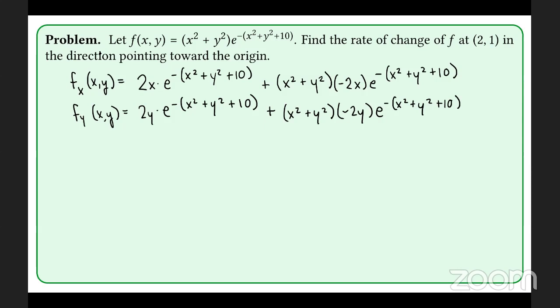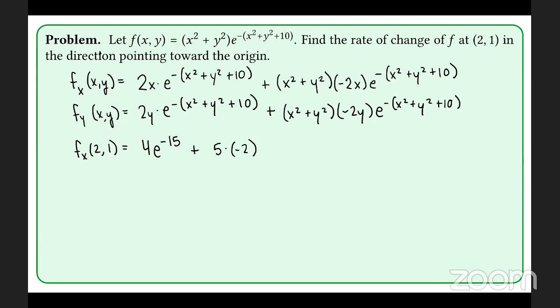Okay, so we're going to evaluate both of these at 2, 1. So we plug in x equals 2, y equals 1. So we're going to get 4, and then e to the, what is x squared plus y squared plus 10? That's 4 plus 1 is 5 plus 10 is 15. So e to the negative 15 plus x squared plus y squared at 2, 1 is 5. 5 e to the, negative 2 times 1 is negative 2.